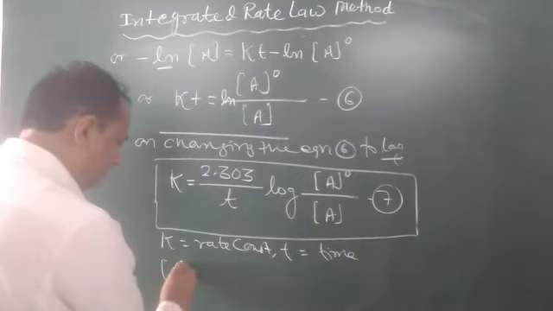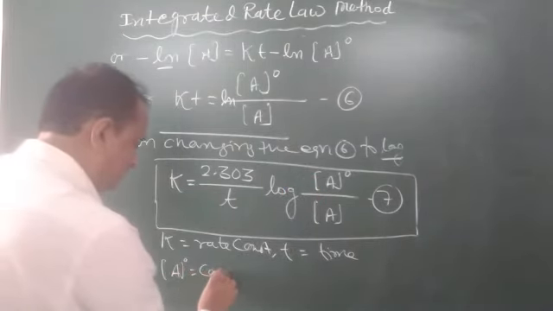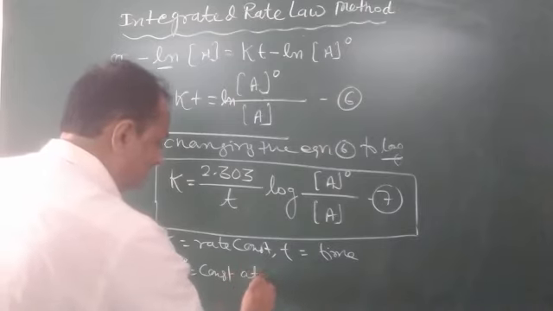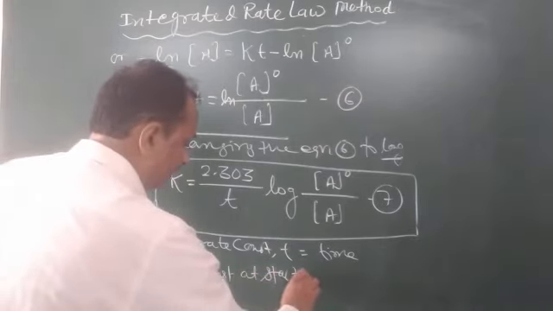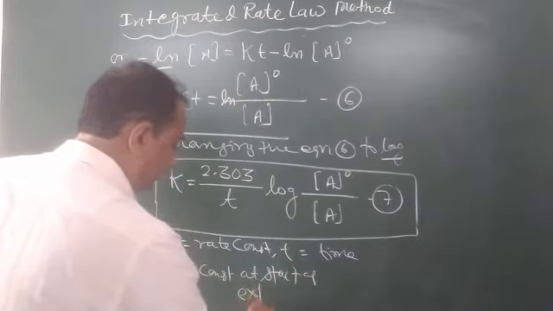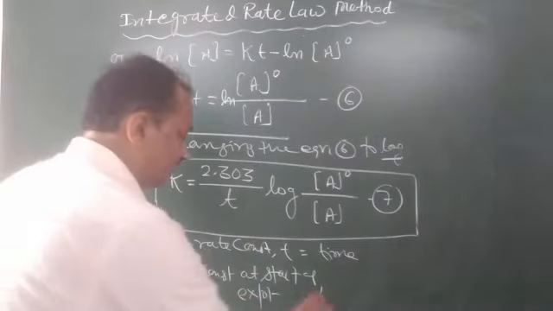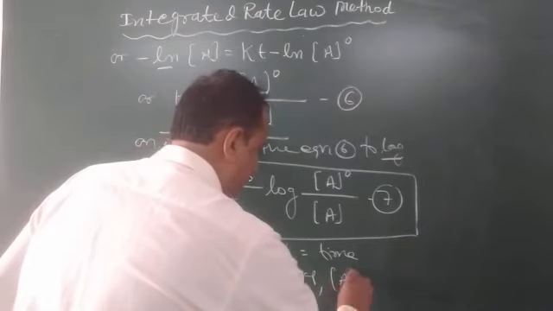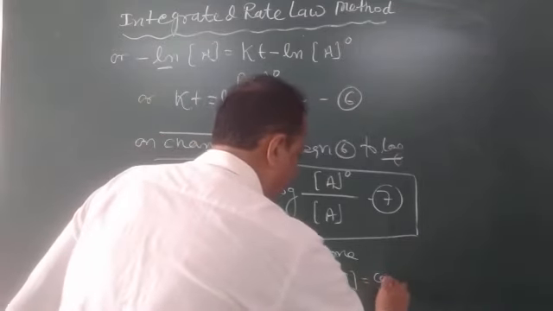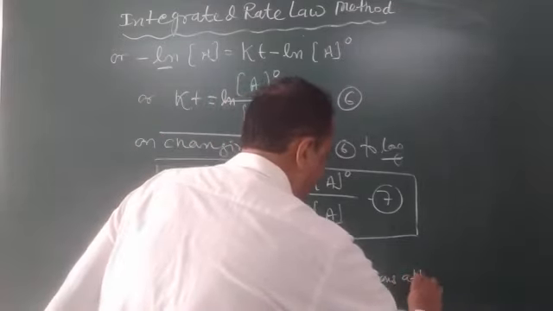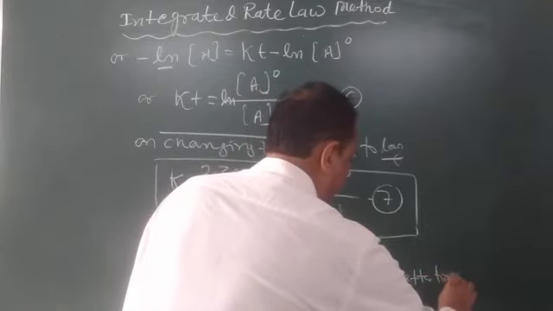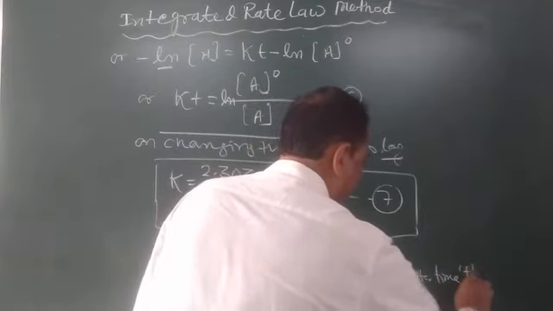A naught is the concentration at the start of the experiment, and A is the concentration after time t.